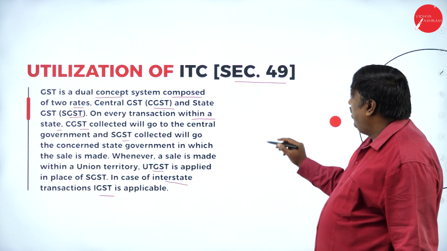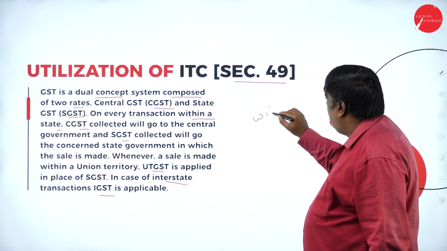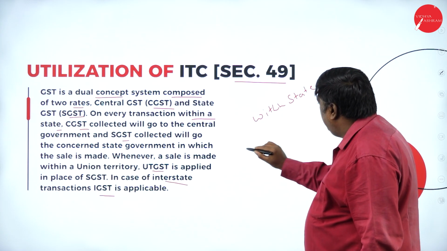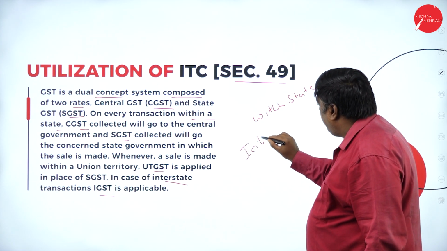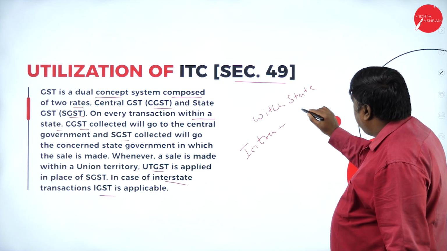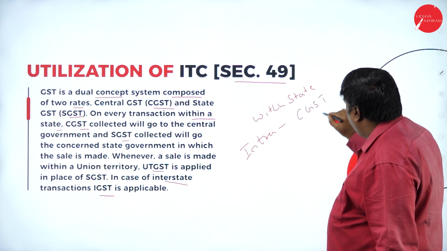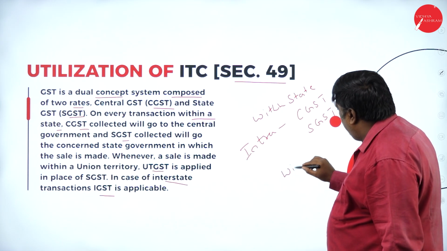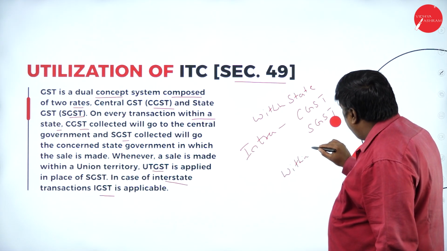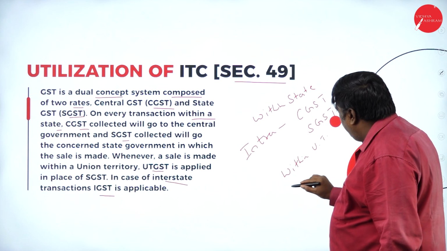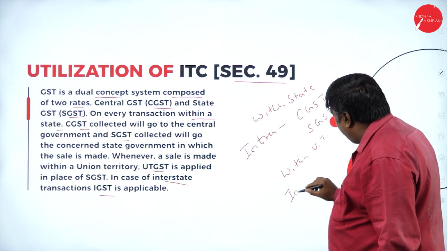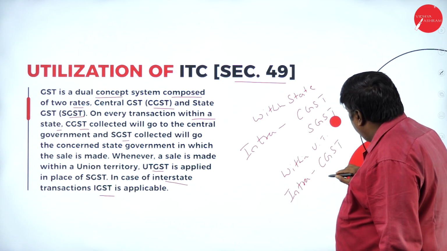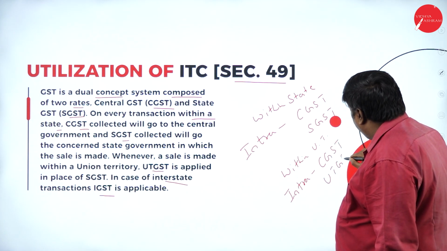So one within the state is called intra, that is CGST and SGST. Within the union territory, it is also called intra, that is CGST, UTGST.